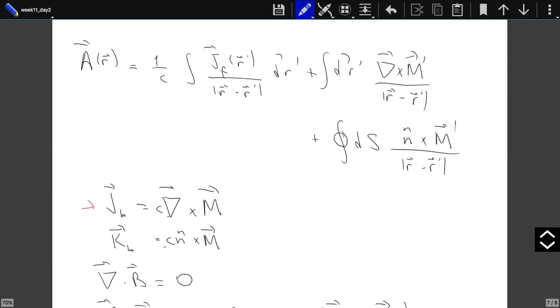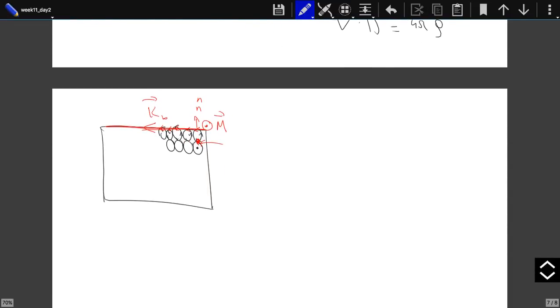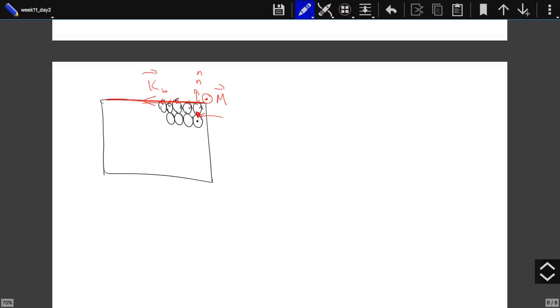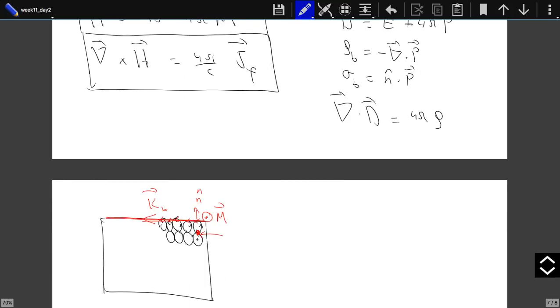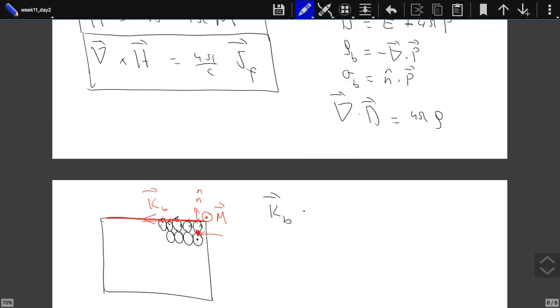So apparently I have a sign mistake somewhere. n cross M. You see, this n cross M is in this direction. Well, the current is basically in the opposite direction. K_B is in the minus n cross M direction.